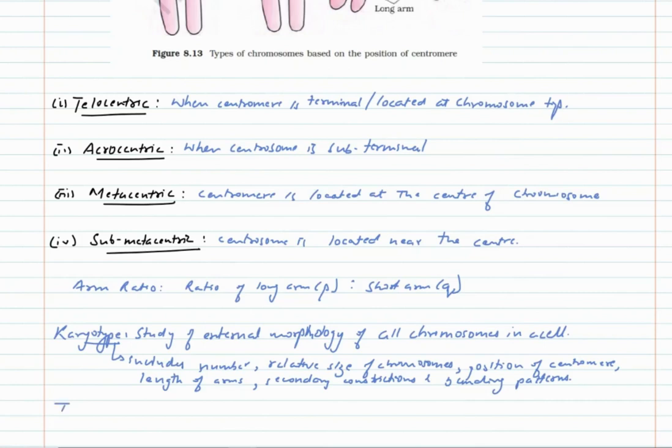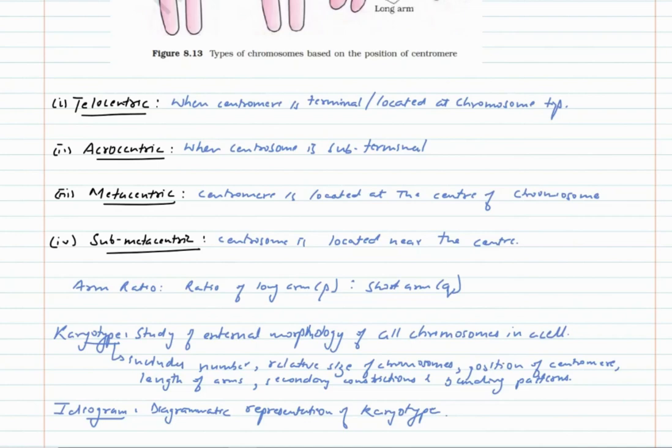Ideogram, it is a diagrammatic representation of karyotype. In an ideogram, chromosomes, they are arranged in decreasing order of size, and sex chromosomes are placed in last.